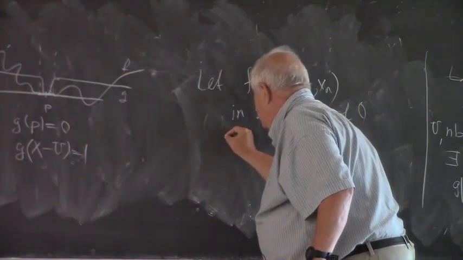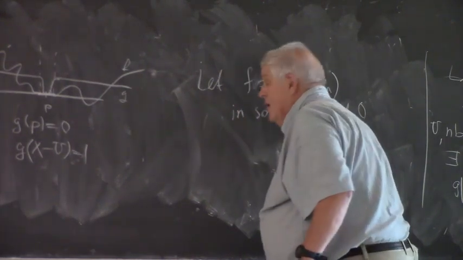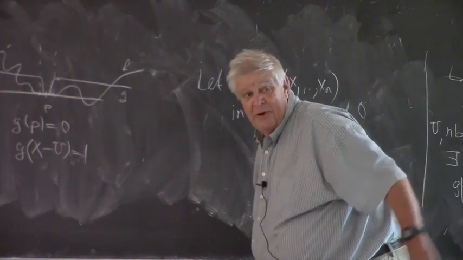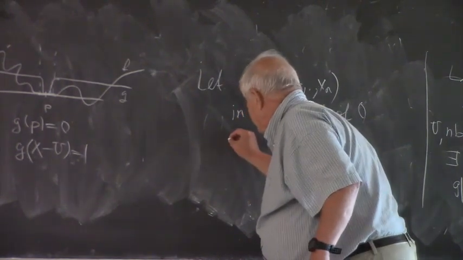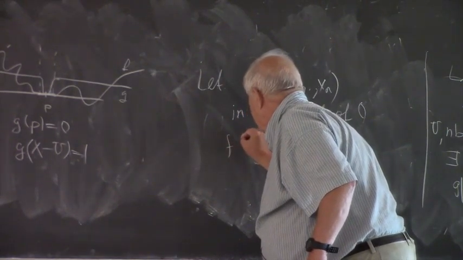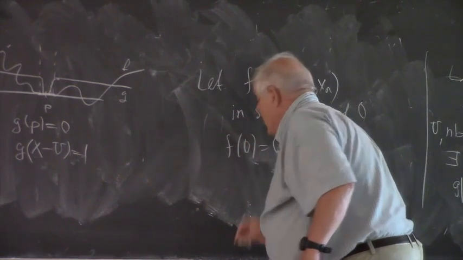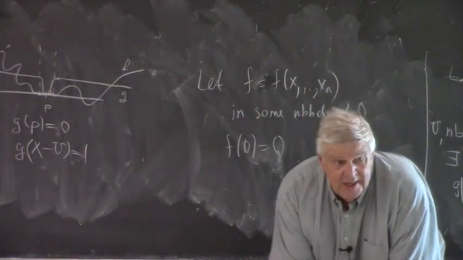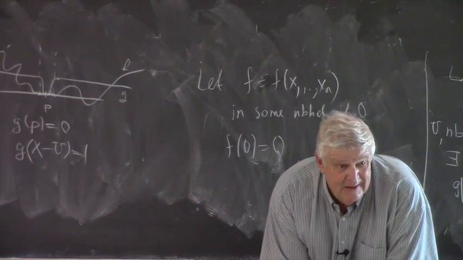Suppose also that this is a C-infinity function. I never mentioned it, but I do not consider other functions. Suppose that f(0) is 0, that the function takes value 0 at one point.